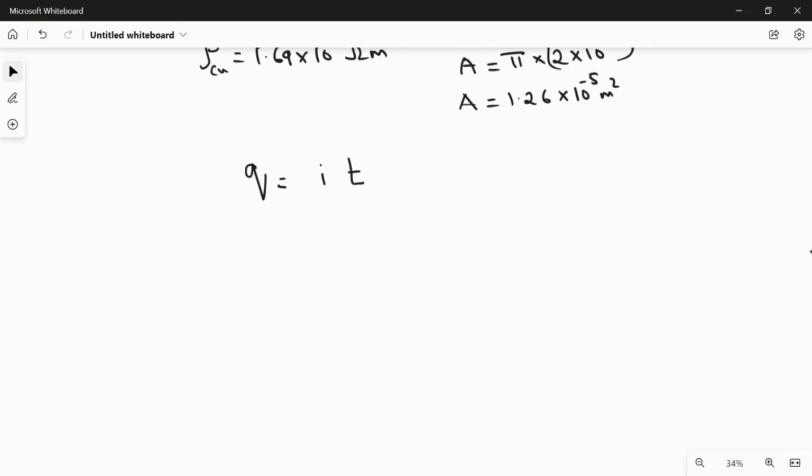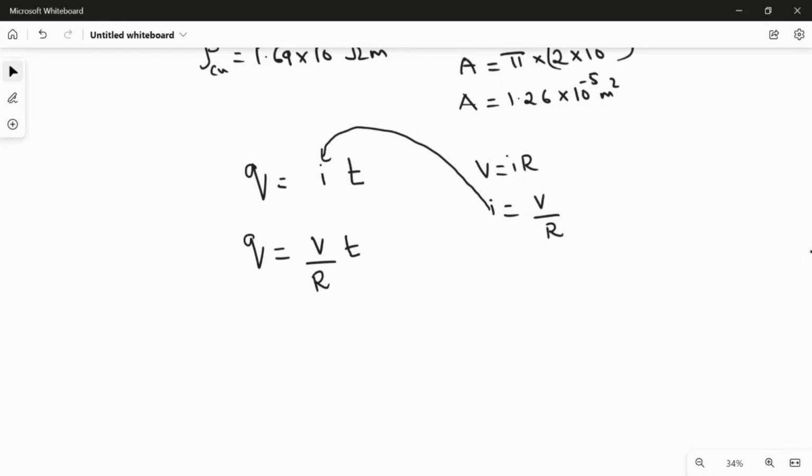So for that, I'm going to use Ohm's law. V is equal to IR. Therefore, current I is equal to V over R. If you substitute this value of the current, the charge Q is equal to V over R multiplied by the time t.